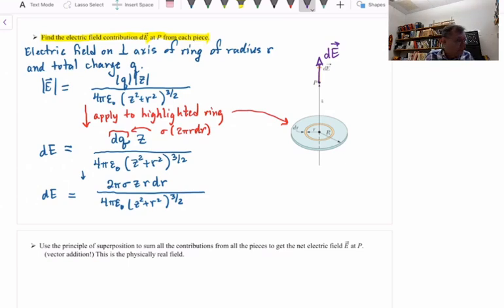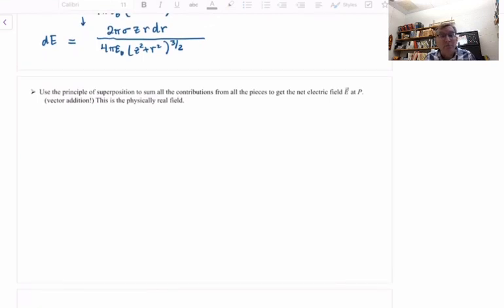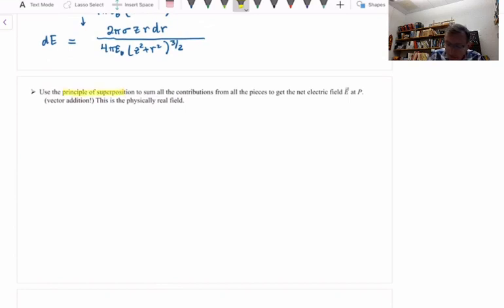Okay? All right, now step 3 is the adding, which amounts to integrating. Use the principle of superposition to sum up all the contributions from all the pieces of the disk, all the rings, to get the net electric field at point P. This is vector addition, and this answer is the physically real field that you would measure at point P. Well, the good news here is every ring that makes up this disk produces an electric field on the perpendicular axis that points straight up.